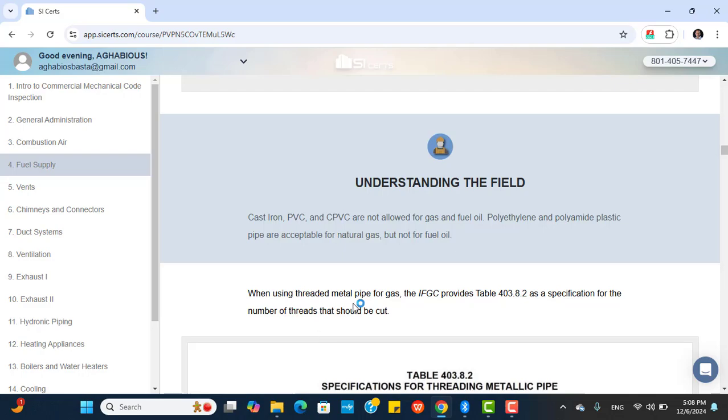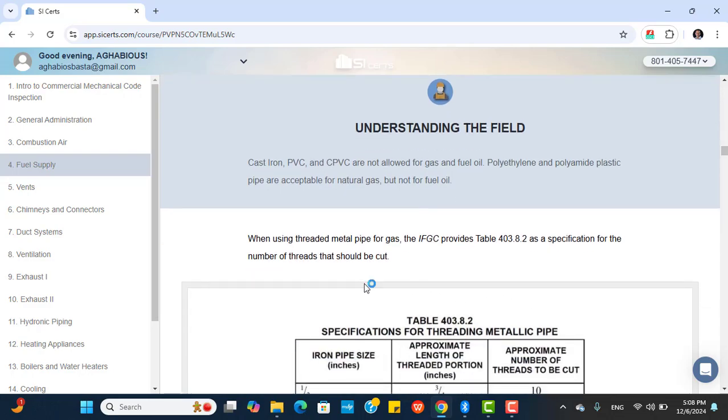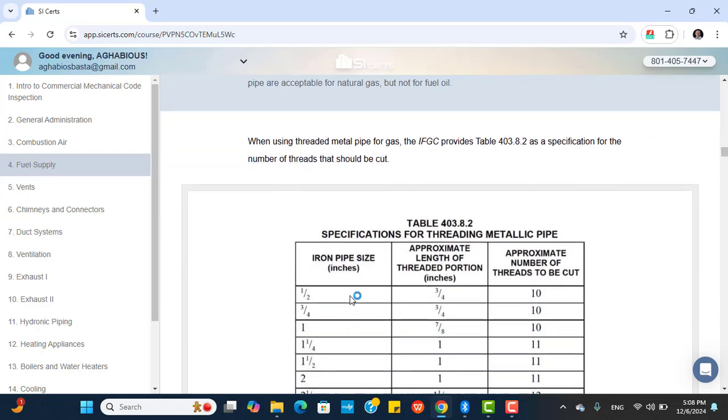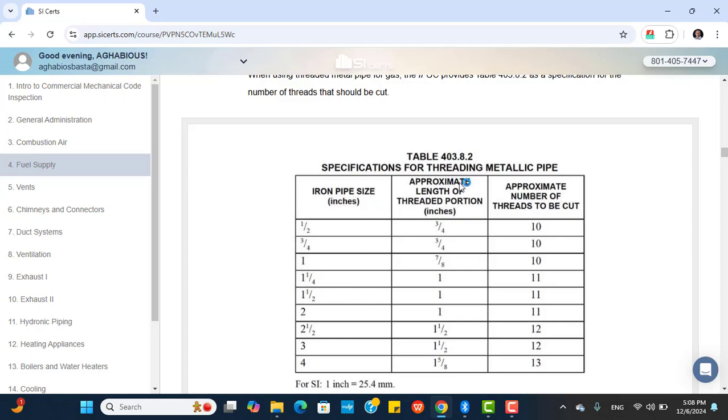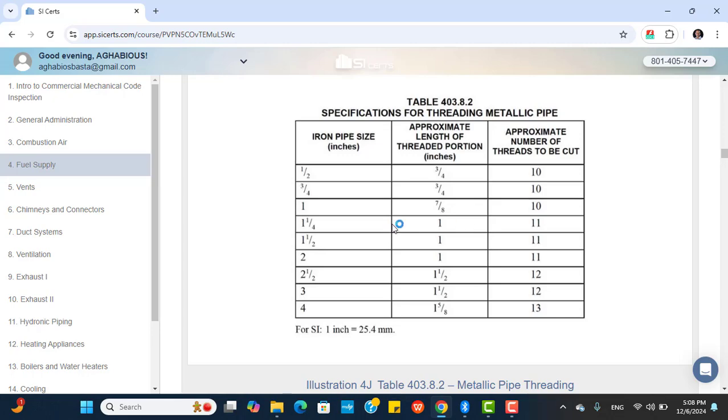When using threaded pipe for gas, the International Fuel Gas Code provides Table 403.8.2 as a specification for the number of threads that should be cut. Specification for threading metallic pipe.